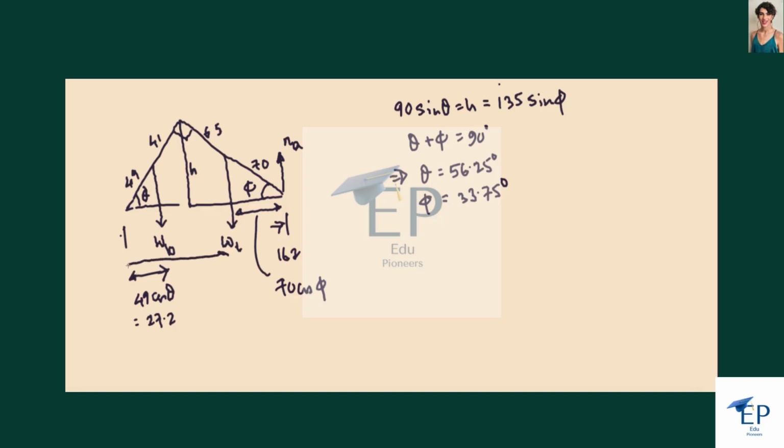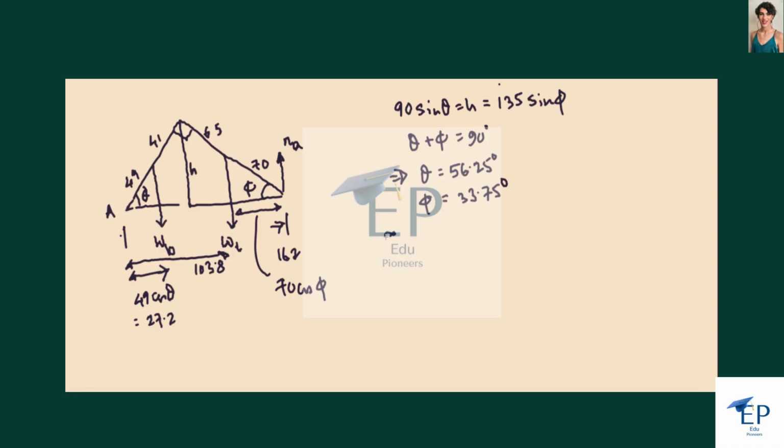So this distance comes out to be 162 minus that, which is 103.8 centimeter. So now let's call this point A.